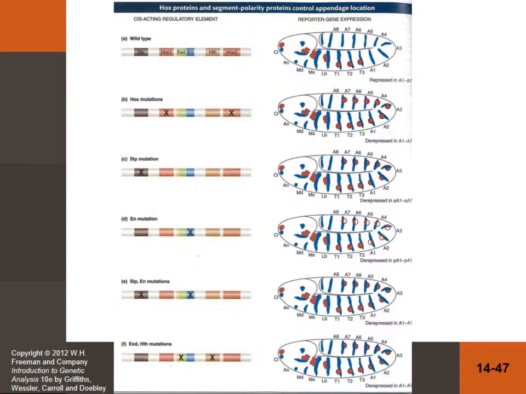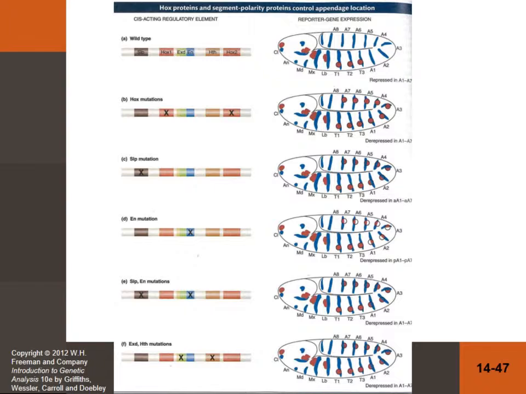This image shows how Hox proteins and segment polarity proteins control appendage location. In A, we have the wild type, that is unmutated cis-acting regulatory elements, with normal expression in the embryo to the right.